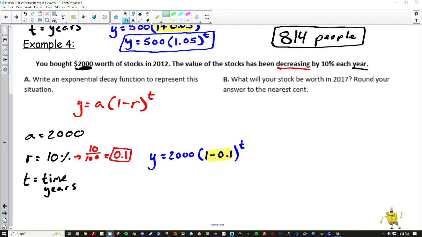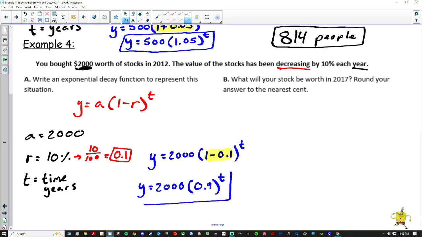So I'm going to put in my calculator 1 minus 0.1. And I get Y equals 2,000 times 0.9 to the power of T. And here's my exponential decay function.